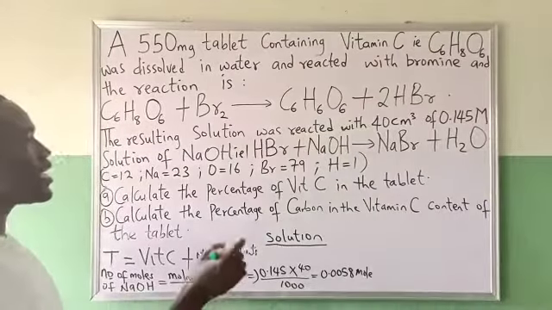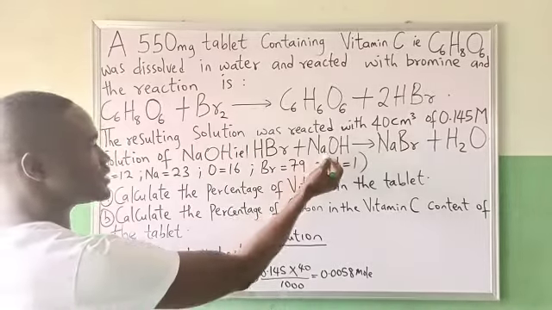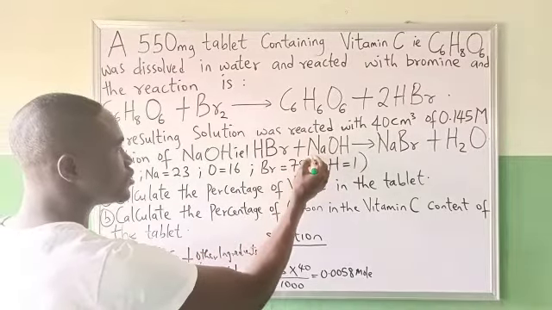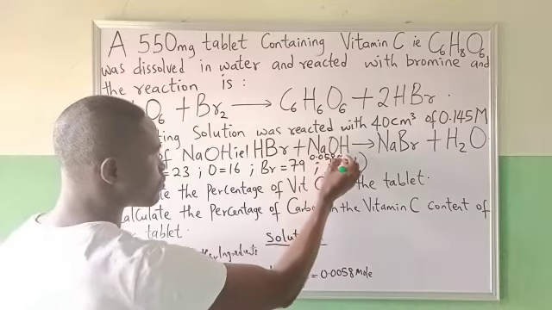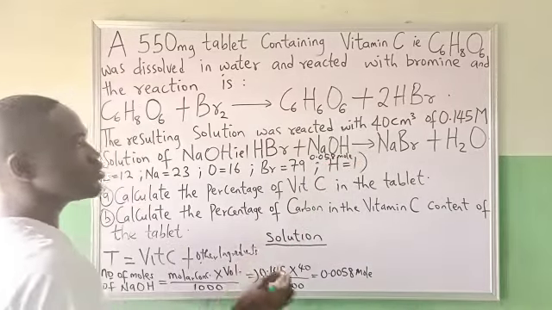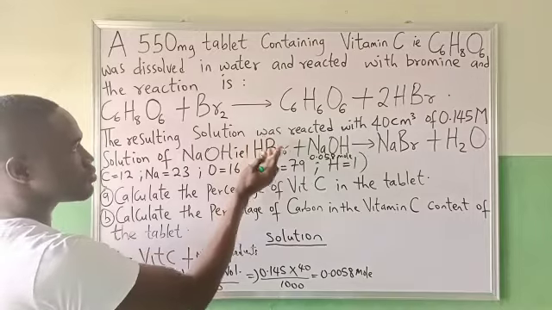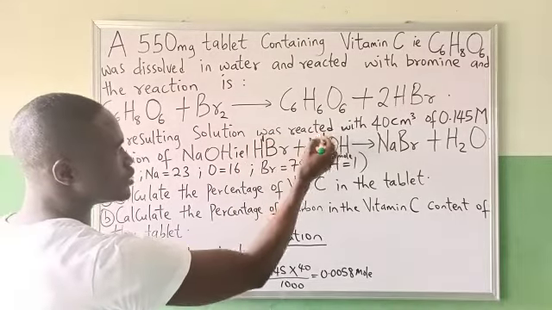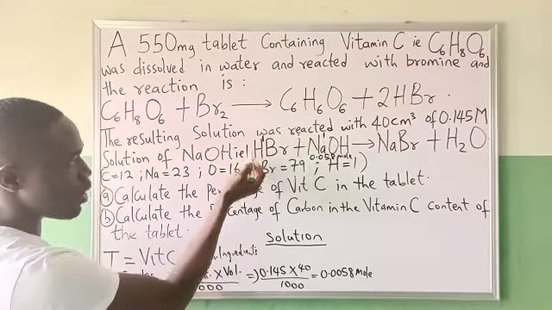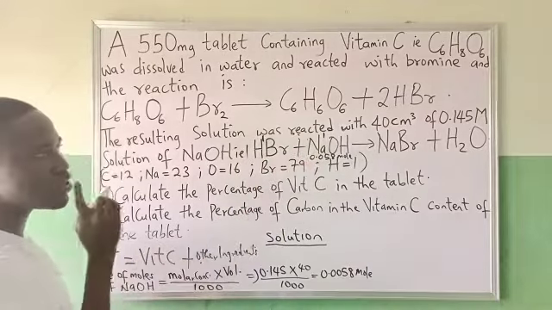Now we have realized that the number of moles of this that will react is 0.0058 mole. Now this HBr is in the ratio of 1:1 with this. This is 1 HBr, 1 sodium hydroxide.